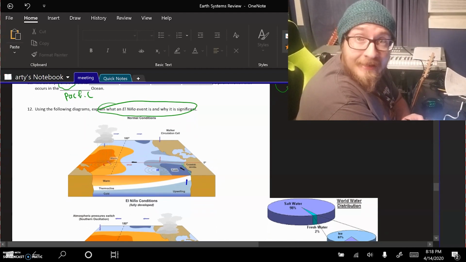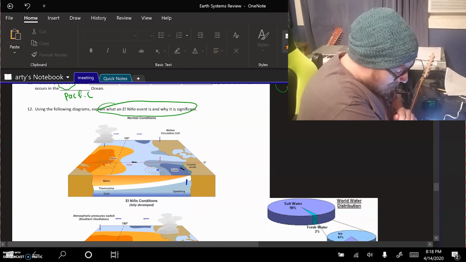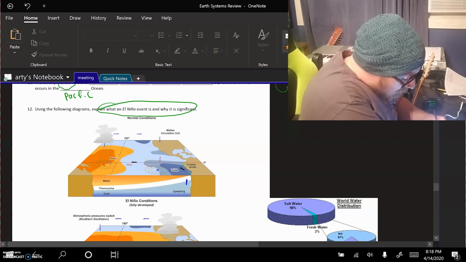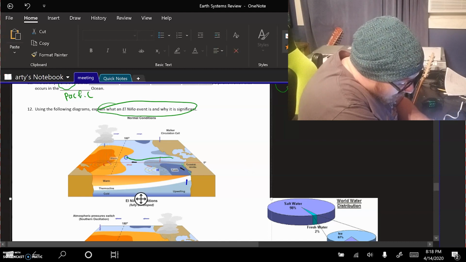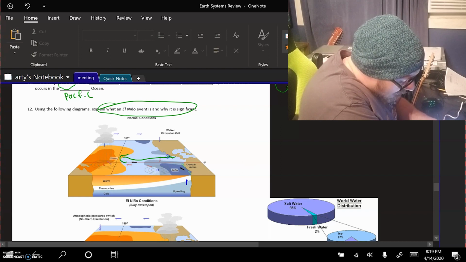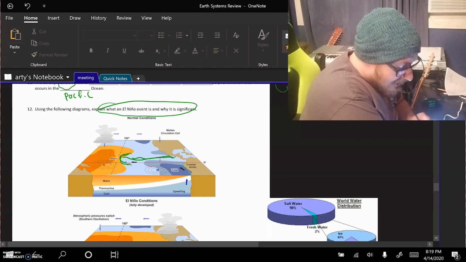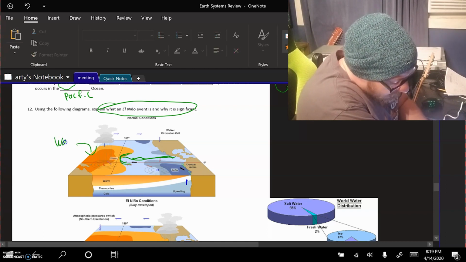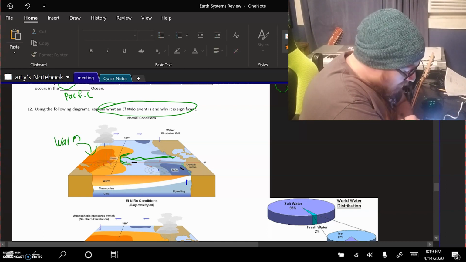So normally in the Pacific Ocean, you have surface winds, right? Winds closer to the bottom that are blowing away from the Americas and towards the Asian side of the Pacific Ocean. And what this does is it causes a buildup of warm water on the Asian side of the Pacific Ocean.